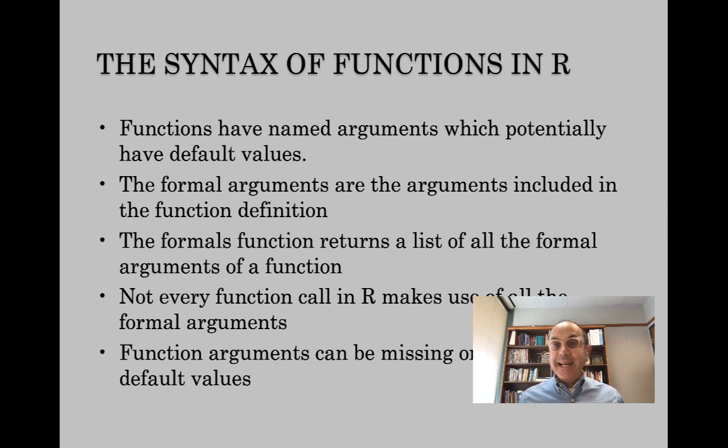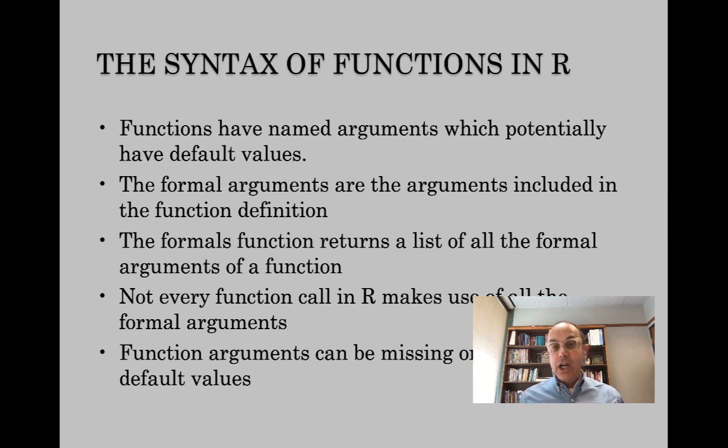The syntax of a function in R is that the function has to have a name and arguments, which may have a default value. The formal arguments are the arguments included in the function definition, which you need to declare to R, and the formals function returns a list of all the formal arguments of the function.